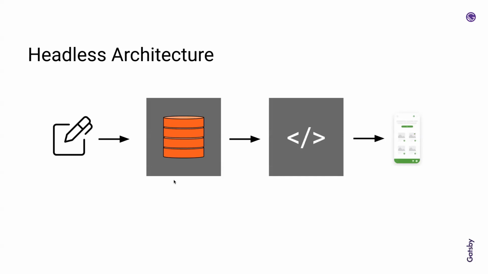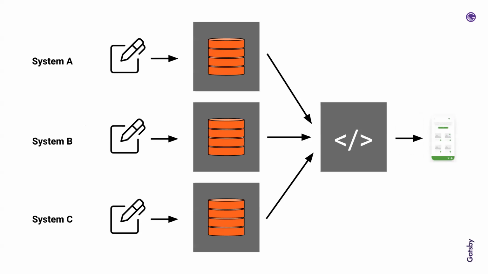And this really manifests when we have multiple systems. So we can have system A, system B, system C, all with different back ends, different, let's say, access points, different content management systems, different teams working on them. And they're all getting rolled up into this one single front end. That front end can have its own team.